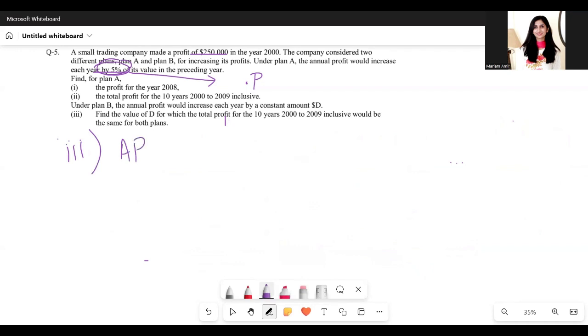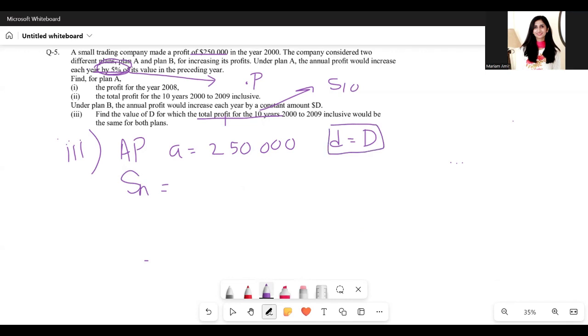A is still the first term, which was 250,000. And D is this capital D given to us. Find the value of D for which the total profit for 10 years, which is S10. So the formula for Sn that has D in it would be required: N over 2, 2A plus D, N minus 1.